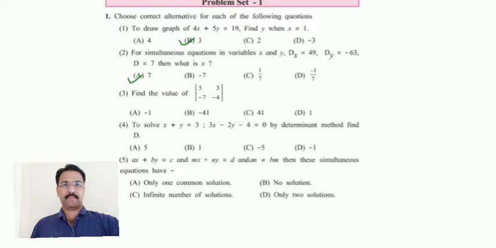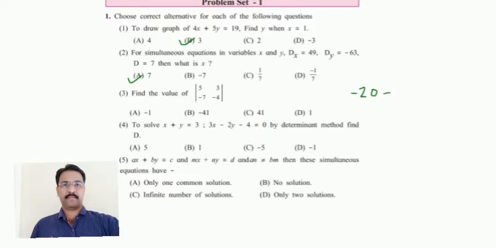Now the third one. What will come here now? It is very simple. Minus 4 into 5. How much? Minus 4 into 5 is nothing but minus 20. Now here also, minus 7 into 3. But remember, here we have to write the first minus, that is in our formula.